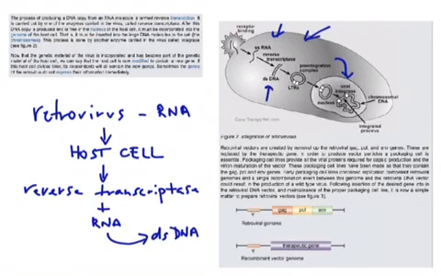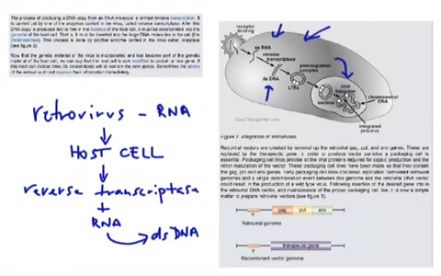So if it's possible to insert a therapeutic gene, a gene of interest, into the viral RNA, so that it can be converted along with the virus's RNA into DNA that can be put into the host cell's chromosome.